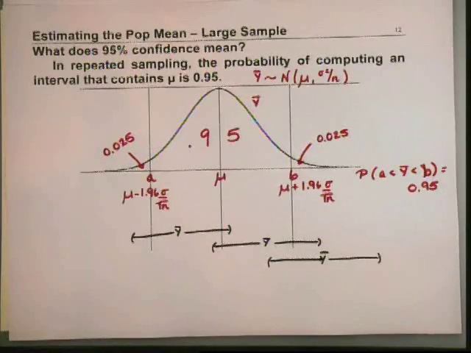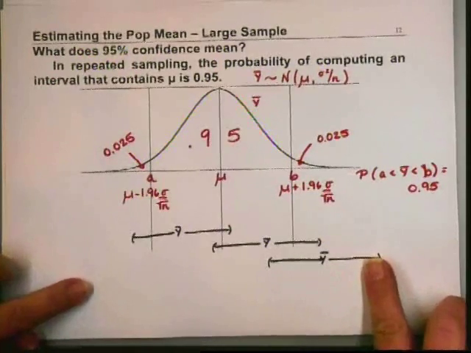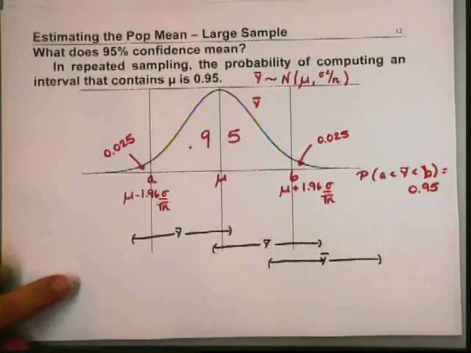Does your interval work? Is it successful? Is your hypothesis test correct? You don't know. What do you know? Probability is in my favor that it did work. I know that I'm going to only get these extremes a very low percentage of the time. I'm putting probability in my favor.